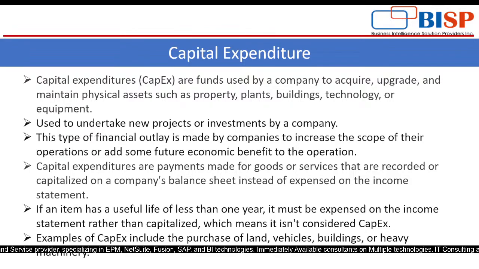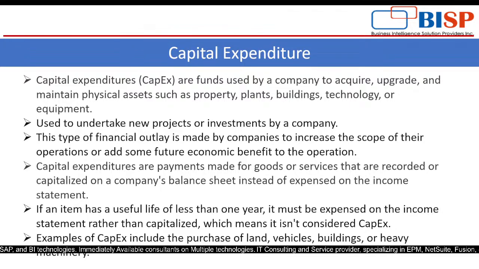This type of financial outlay is made by companies to increase the scope of their operations or add some future economic benefits to the operation. So we can say that capital expenditures are payments made for goods or services that are capitalized on the company's balance sheet instead of expensed on the income statement. If an item has a useful life of less than 1 year, it must be expensed in the income statement rather than capitalized. So capital expenditures are the expenditures which increase the life of the asset for more than a period of 1 year.